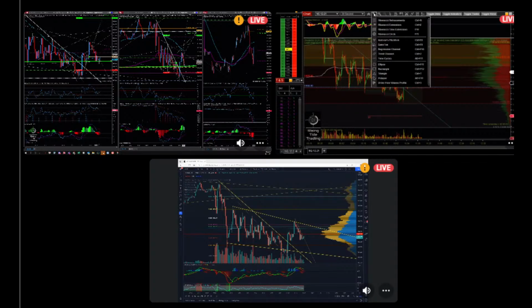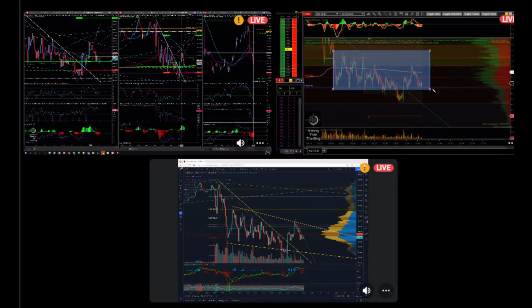If you guys took my rectangle that I posted, let me adjust this here.